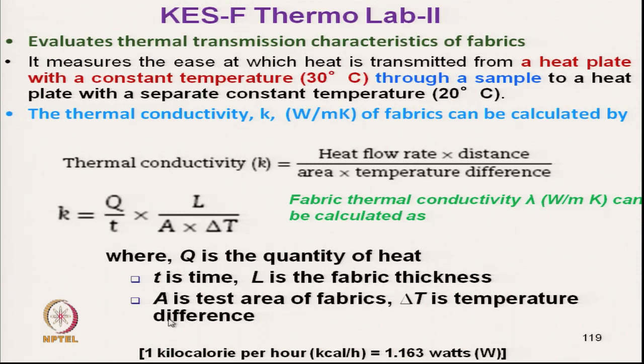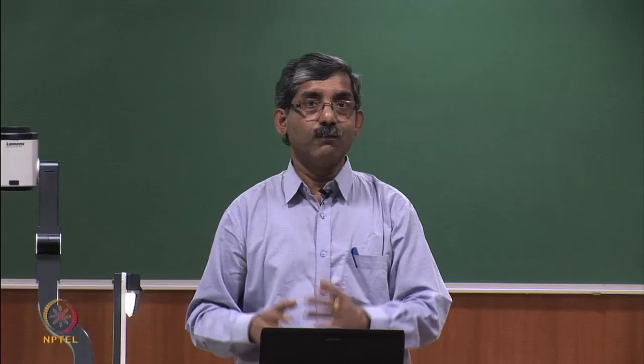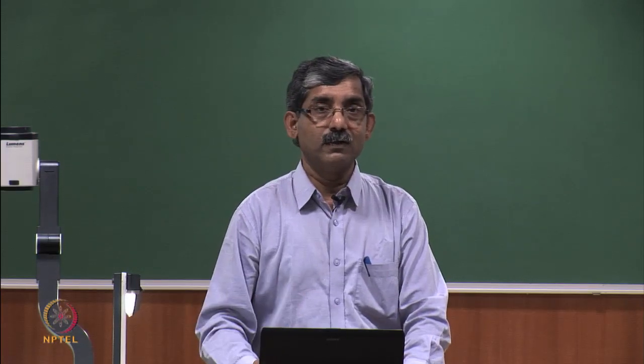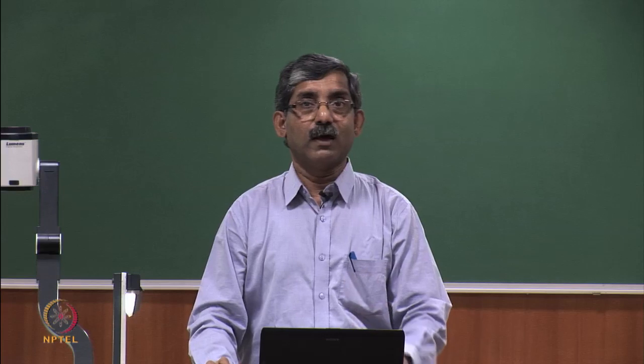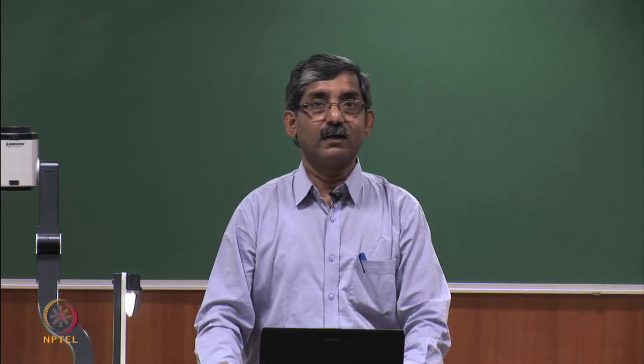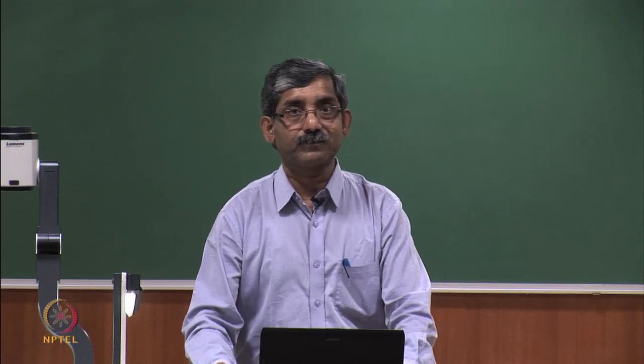A is the area of the fabric and delta T is the temperature difference. So, using this simple technique, the KES-F Kawabata Evaluation System Thermolab 2, we can measure the thermal conductivity.